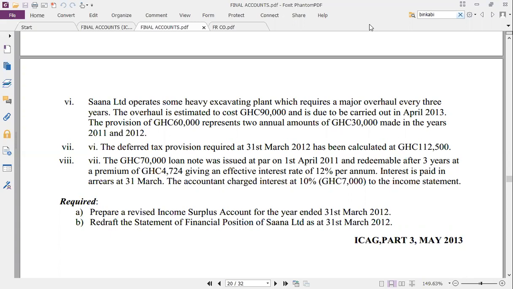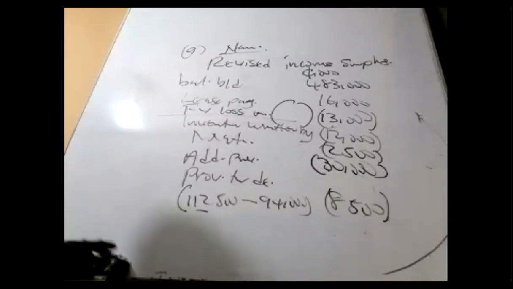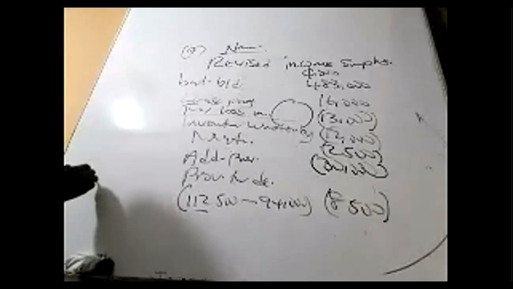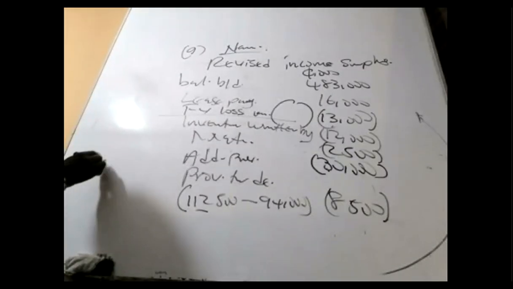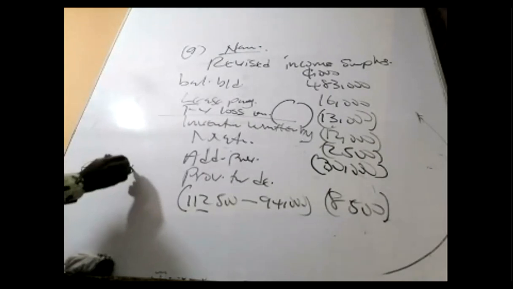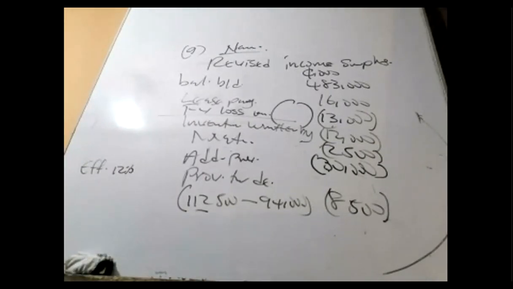So what do we do? First of all, let's use the 12% to calculate. The effective interest rate is 12%, right? Let's use that one to do the calculation.